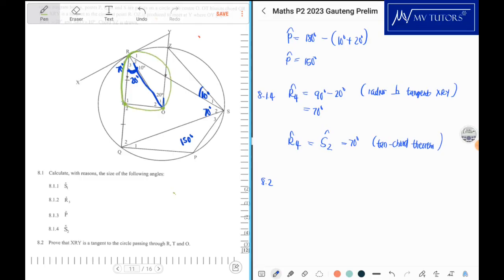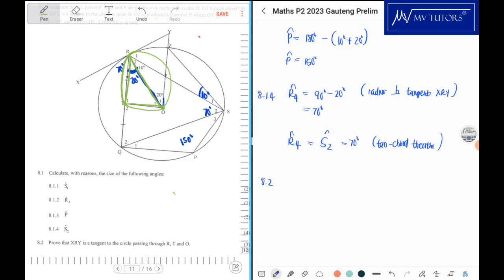It's a weird circle, but I hope you get to see. Let me not even try to fix it. It's not going to be fixable. Let's just leave it like that. So that's basically the circle, okay? And we need to prove that XRY is a tangent to the circle. Okay, how are we going to do that? Well, I'm going to look for a triangle inside that circle. All right, and I see it. It is RTO.